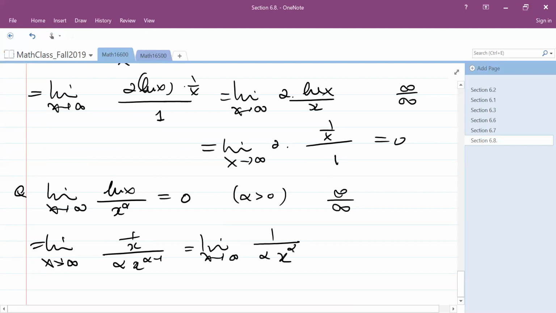This requires some algebra skill, so you can quickly simplify. After you finish this course and practice, you will improve your algebra too. So that is clearly not an infinity over infinity type. The denominator is getting larger and larger, so the quotient is going to be 0. So the answer is 0.